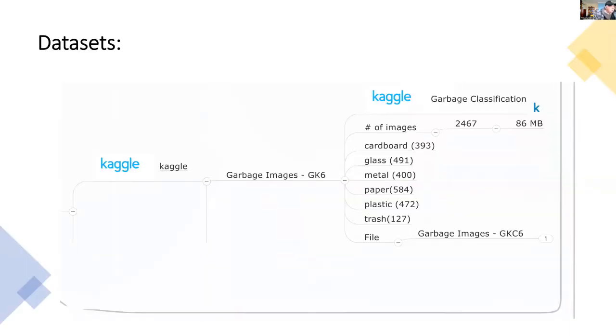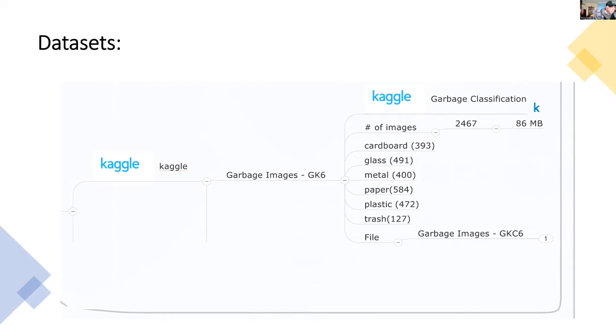But we're going to use a slightly different approach, considering we don't have much time. And next week, we'll do the full run using this model, which has already been set up for us on a website called Kaggle. And they have a collection of garbage images, about 2,500 in 6 categories.